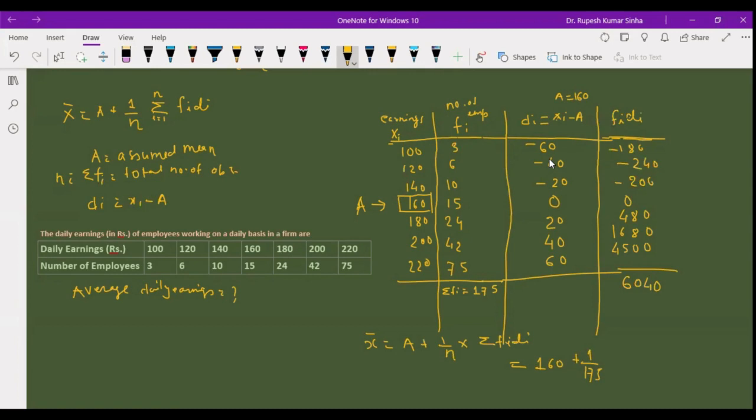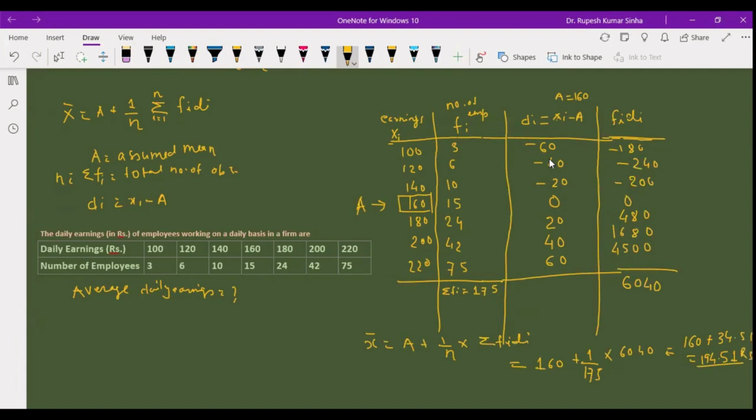So this is n, that is the total number of values, into 6040. So equal to 160 plus, this is going to be 34.51. So if you add 160 plus 34.51, we get 194.51 rupees. So this is the daily average earnings.